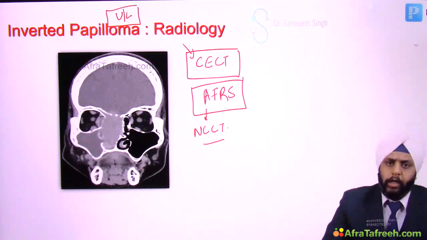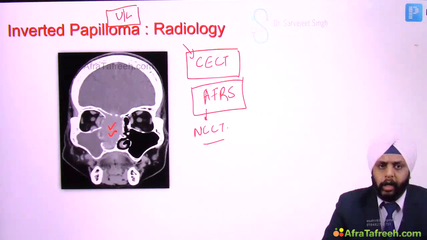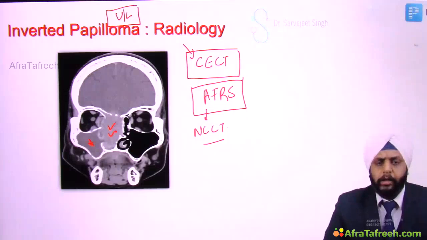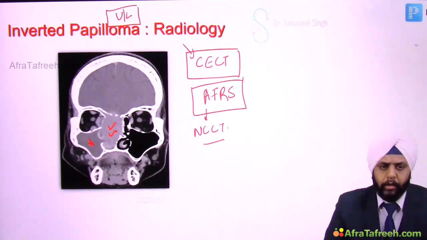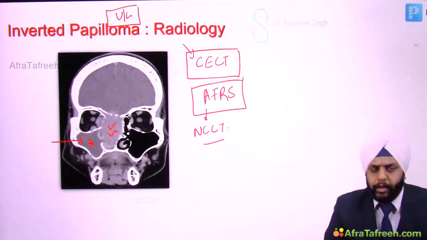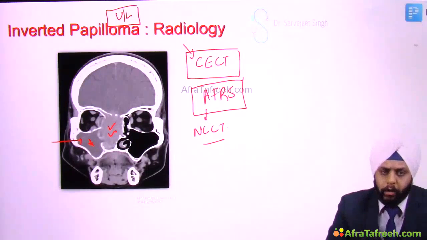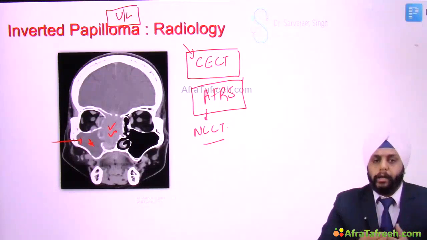In an inverted papilloma CT scan, you will see that this is the mass in the nasal cavity. And if you compare with this mass over here, you will see that there is a difference in the density. With the maxillary sinus, if you compare, there is a difference in the density. The mass in the nasal cavity is brighter. Why? Because it has taken the contrast.